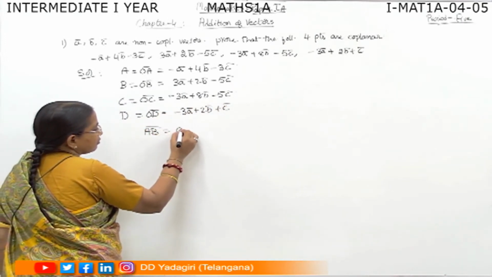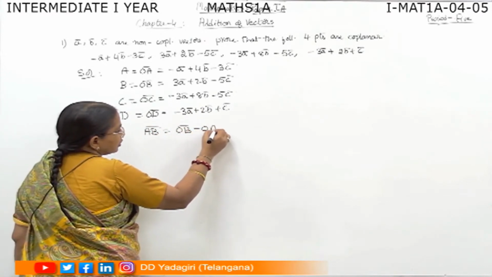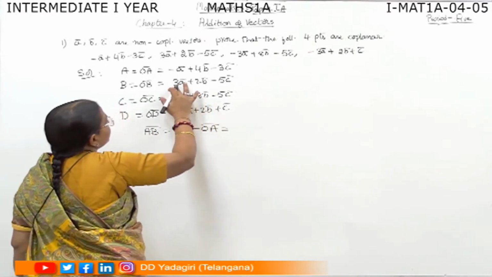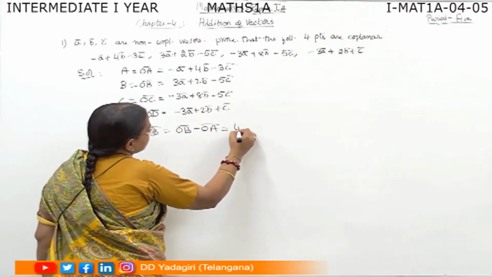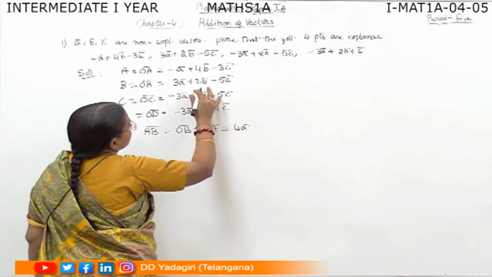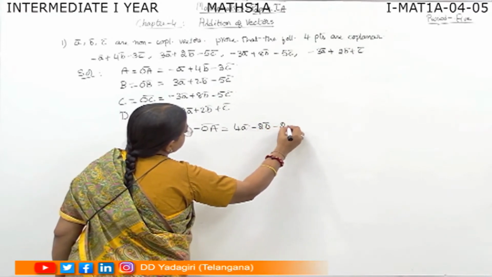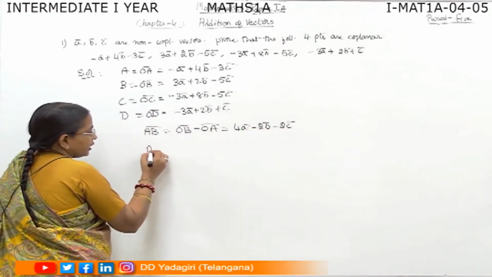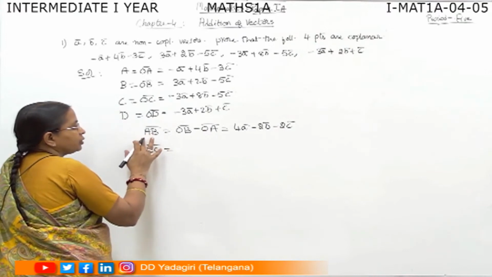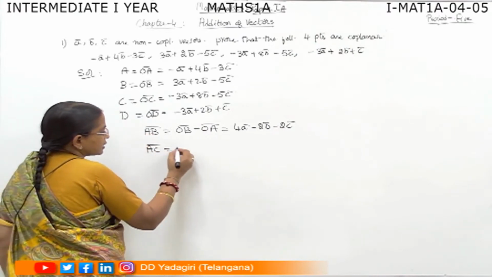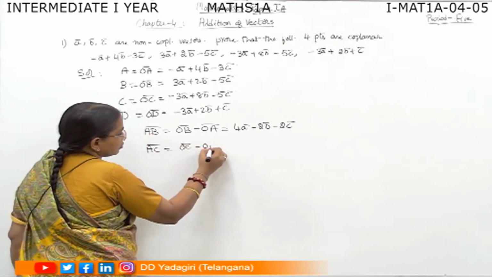AB vector is equal to OB minus OA. So just subtract OB minus OA. So that is 4a, and then this minus this, so minus 2b, and then minus 2c. Next you find AC. Convert them into 3 vectors AB, AC, AD. AC is OC minus OA.